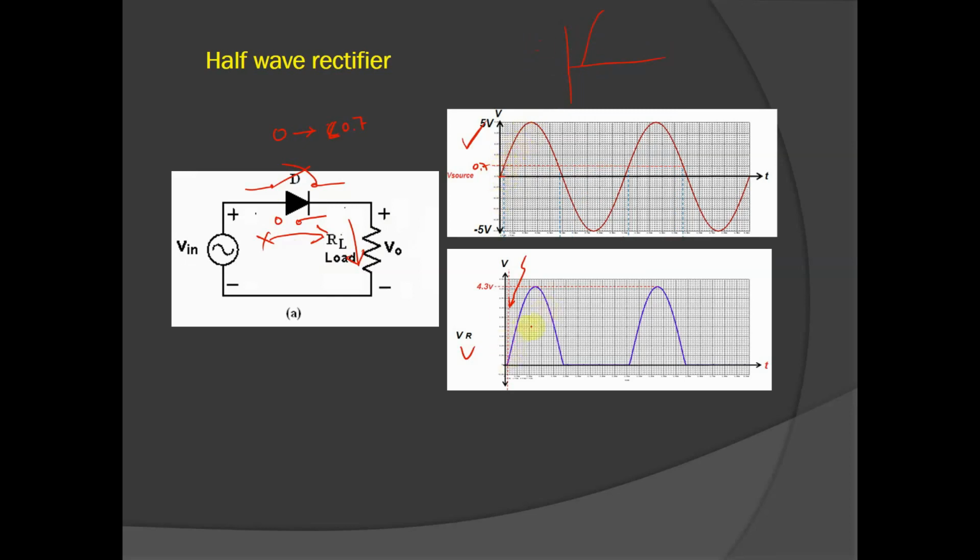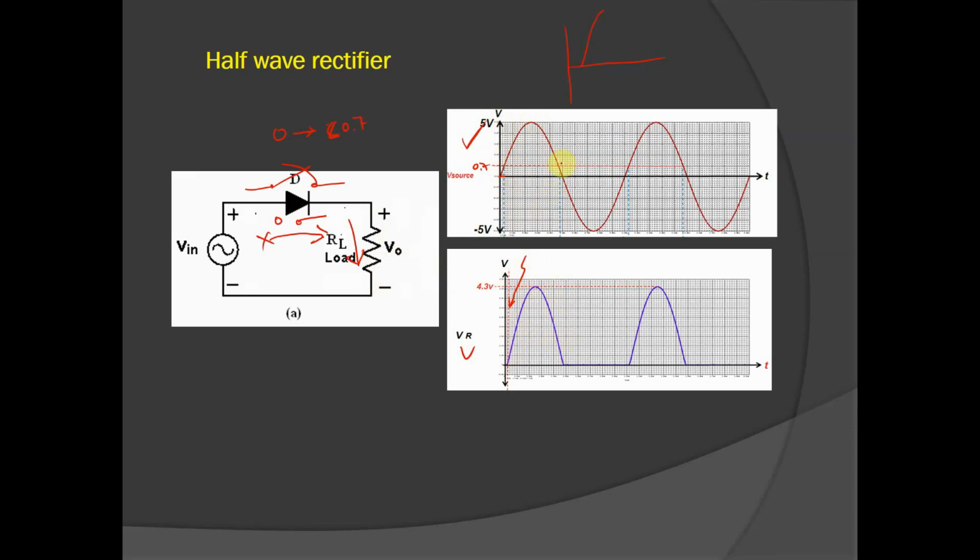This one is the output, right? And then at this point, it will go up to the maximum. Why? Because it is the positive cycle. It will be reflected to the output of the resistor.